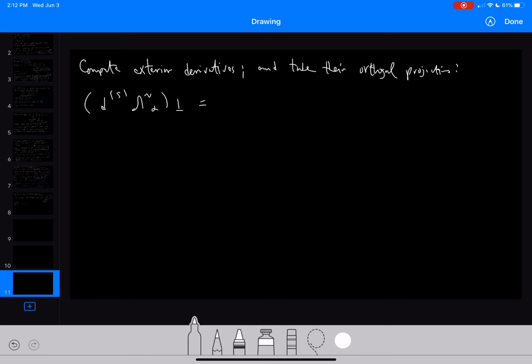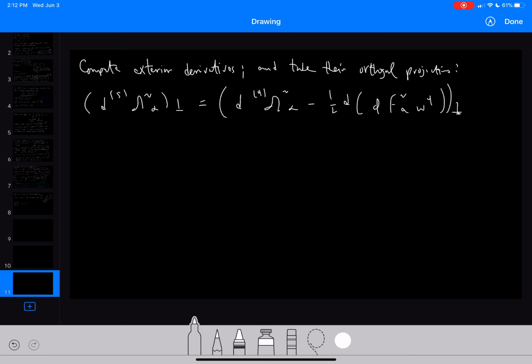We want to project that exterior derivative, and this is going to be the exterior derivative of the fourth dimensional curvature form minus a half d phi, then I have v alpha omega 4, and this is also going to be projected.